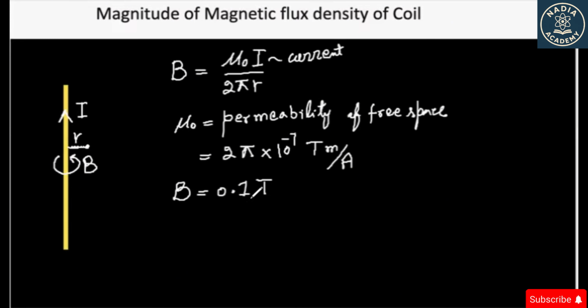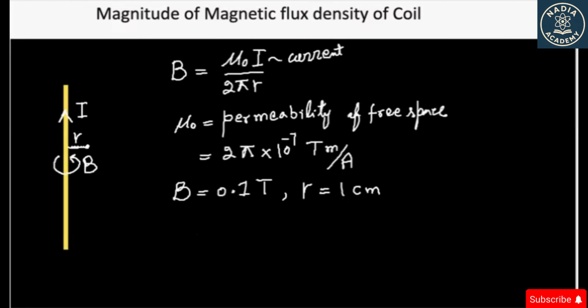I selected 0.1 Tesla because normally when you buy magnetic materials from the market, a magnetic field of 0.1 is easier to achieve. So now if our magnetic field is 0.1 and we want to calculate it at a distance of 1 centimeter from a wire which has a current I.